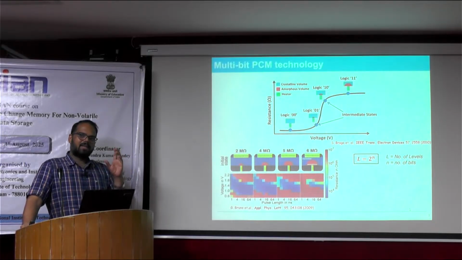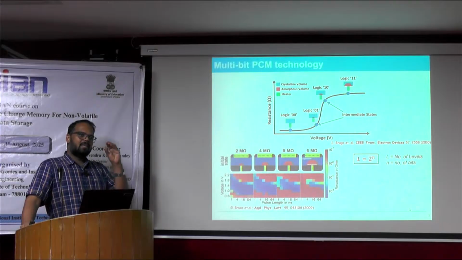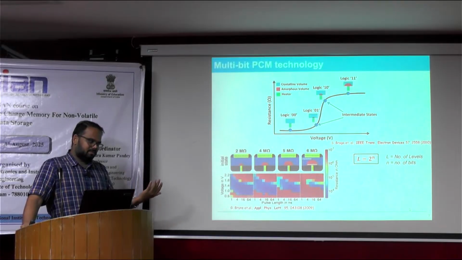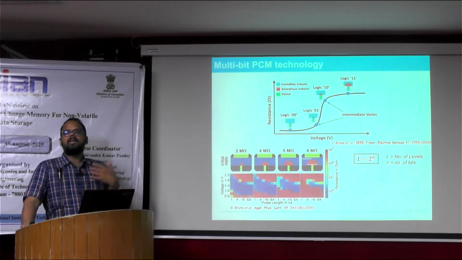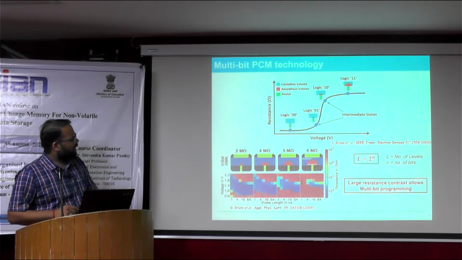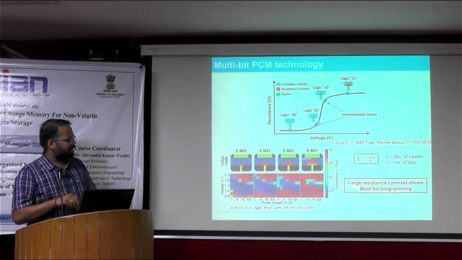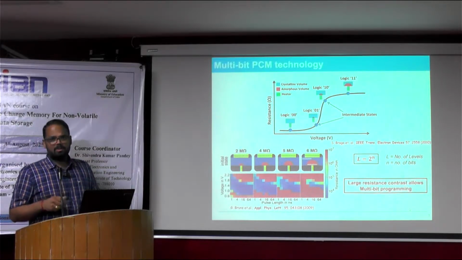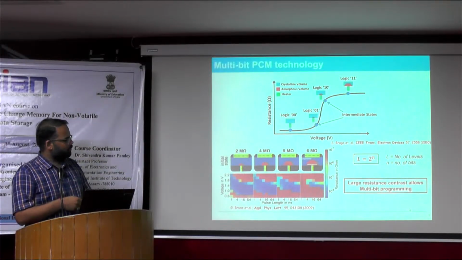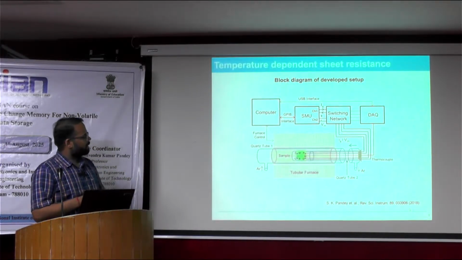After identifying the material, first you have to identify its resistance contrast, and with the help of that measurement, you can also identify the crystallization temperature. As we know, a large resistance contrast allows multi-bit programming, so we need to identify large resistance contrast. We need to figure that out with some kind of instrument.